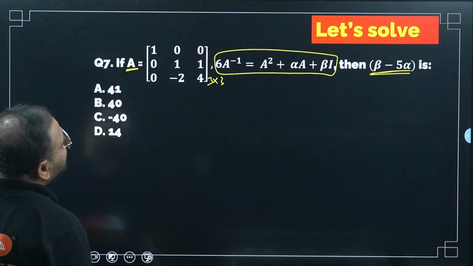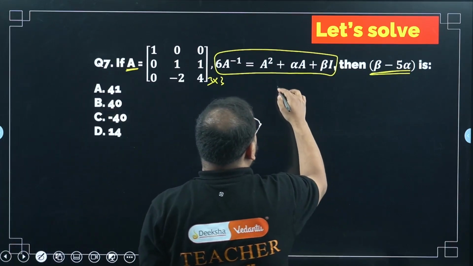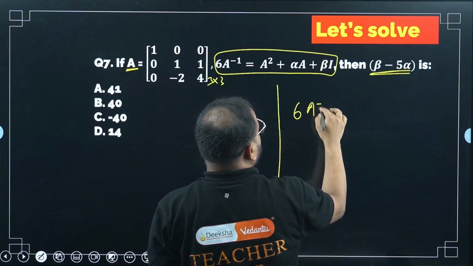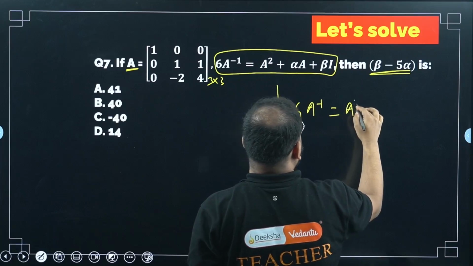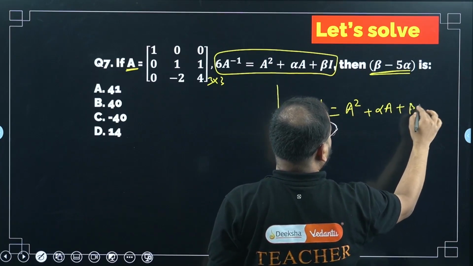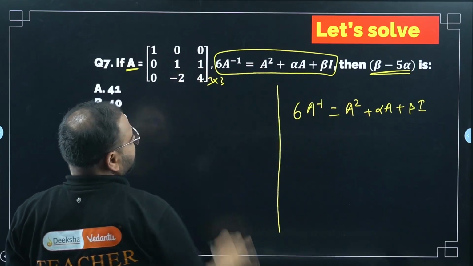What is the first problem that I can see here? My first trouble is the presence of inverse. 6A inverse is equal to A square plus alpha A plus beta times I. I can find A square because A is given.